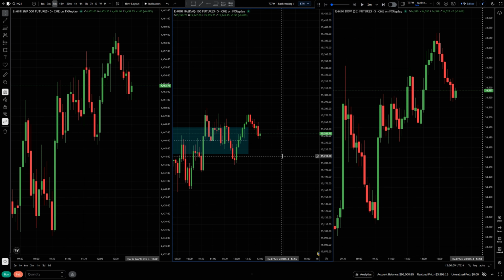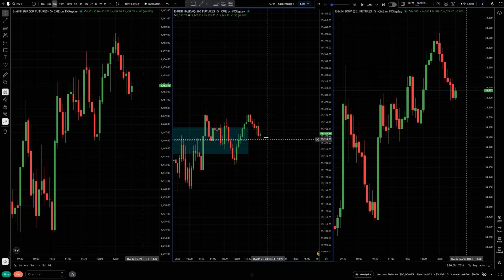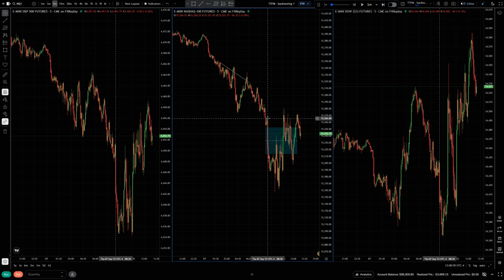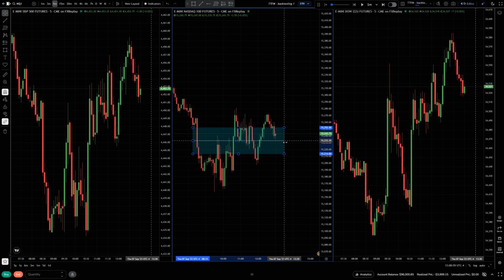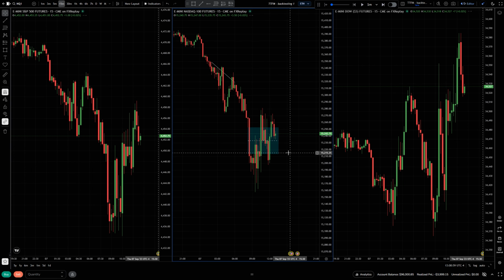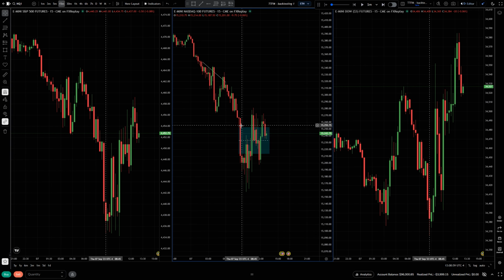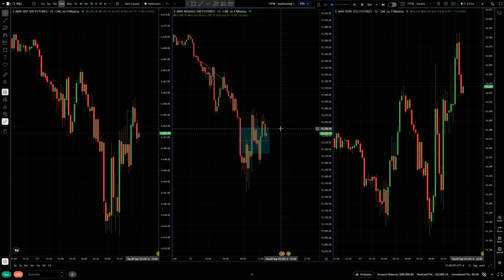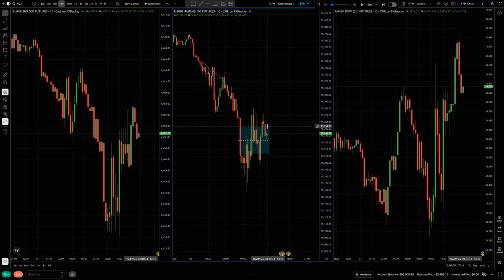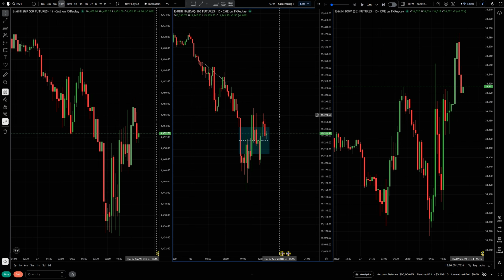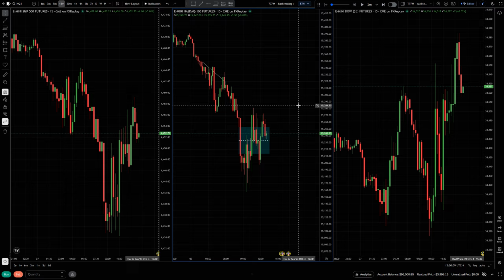So on a 5-minute, this doesn't look like a V shape. We are still inside this gap, which is inverse now. If we actually close above it again, where we have another bullish gap like right here, we could actually take this higher.